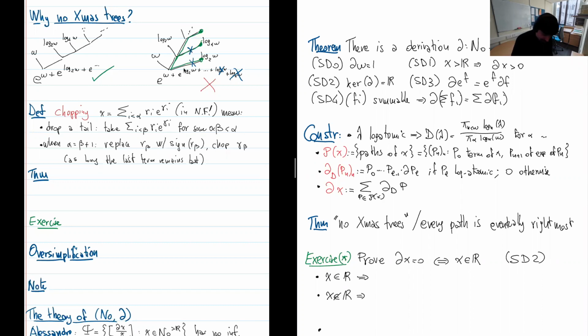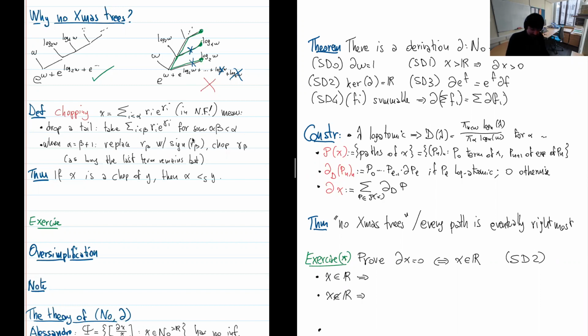Now, the theorem that we prove is that if x is a chop of y, then x is simpler than y.